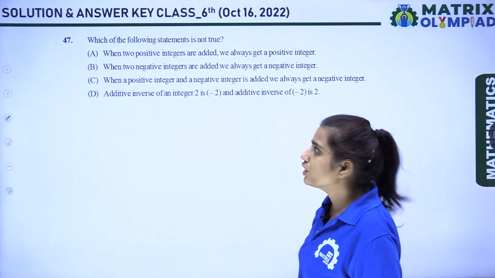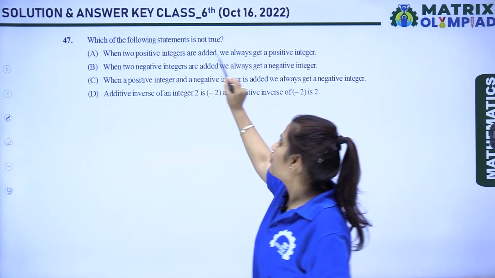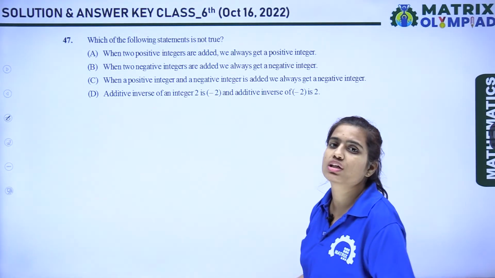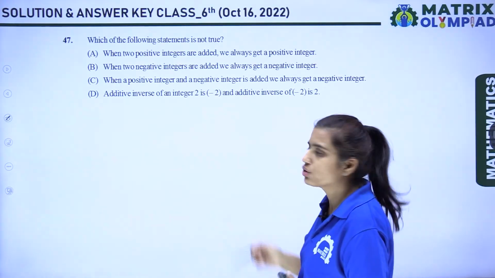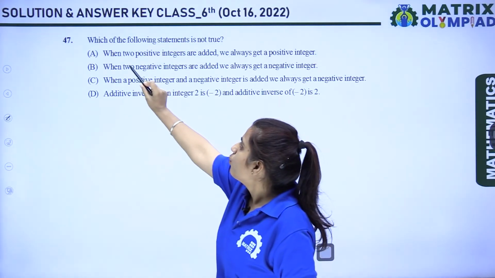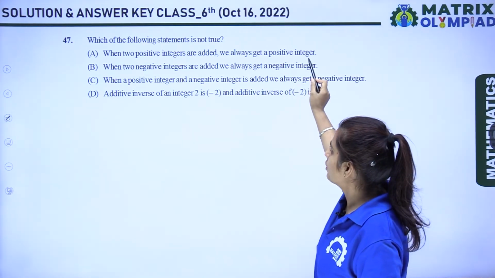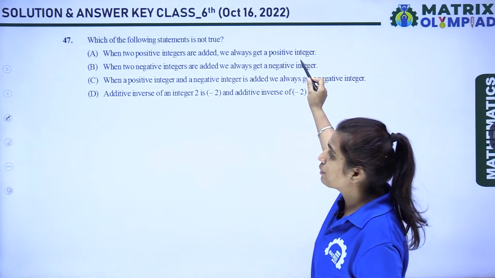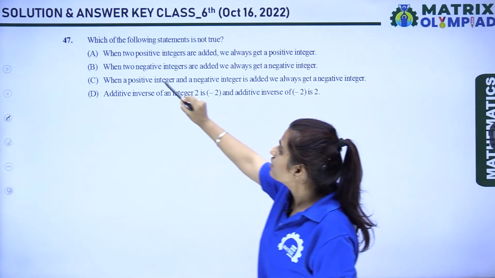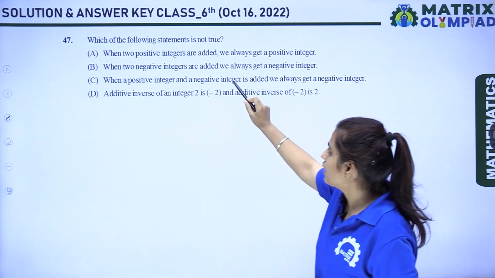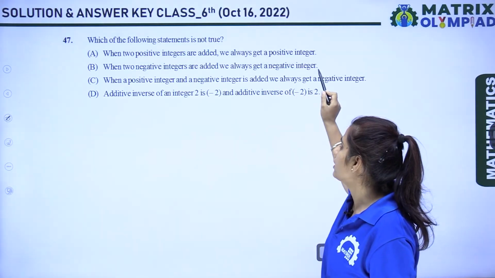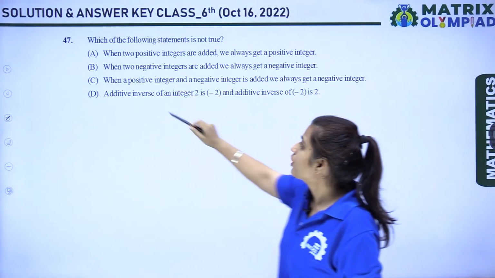Now the next question is, which of the following statements is not true? We have to find out the incorrect statement out of these 4 options. When 2 positive integers are added, we always get a positive number. So this statement is true. Next is, when 2 negative integers are added, we always get a negative integer. So this statement is also true.